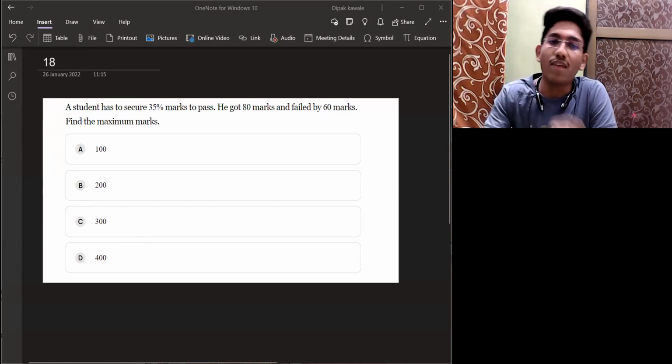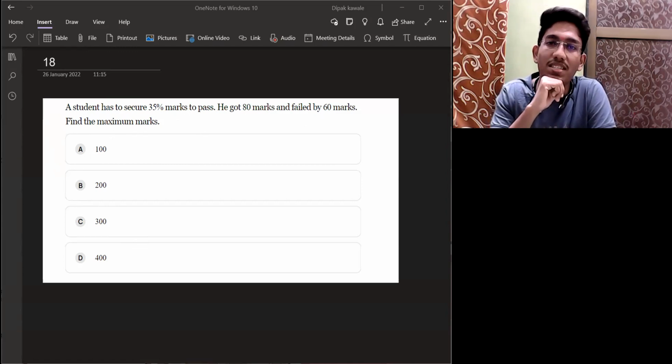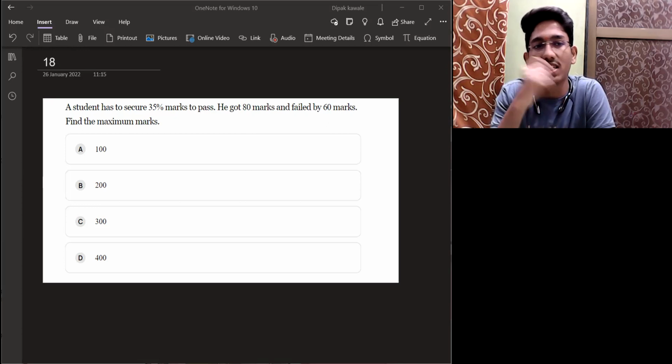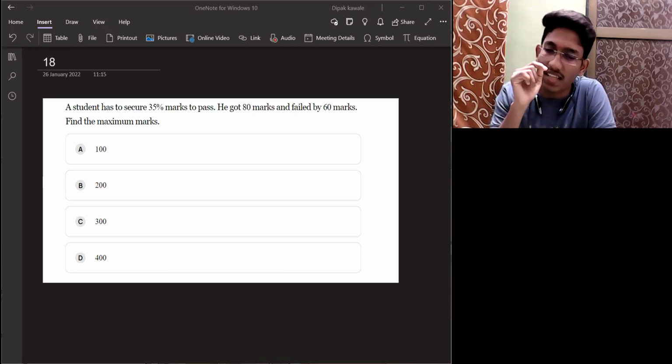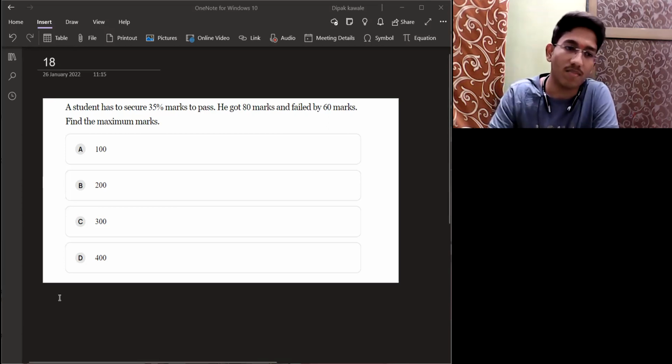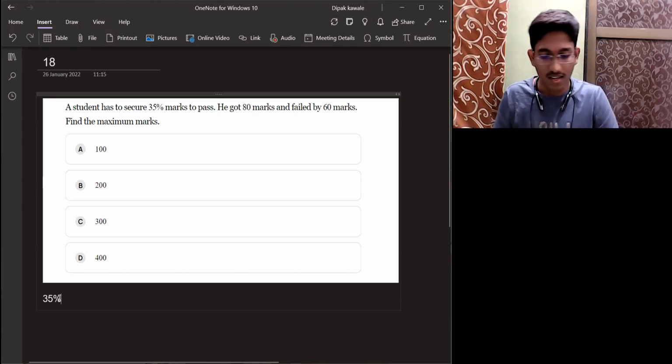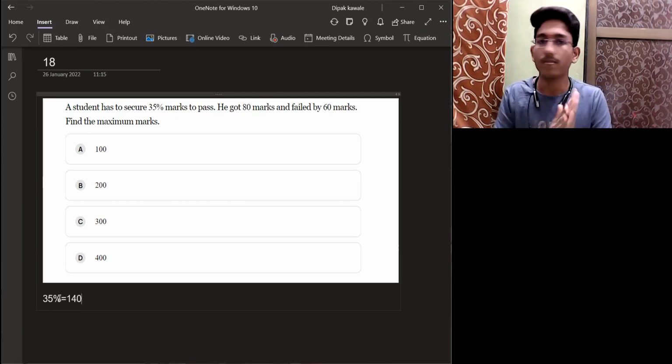Sir, he failed by 60 marks. That means if he had got 60 marks more, then definitely he would get the minimum marks criteria, that is 35%. So 80 plus 60 is how much? 140. That means I can say that my 35%, look at the screen, 35% is equal to my 140.